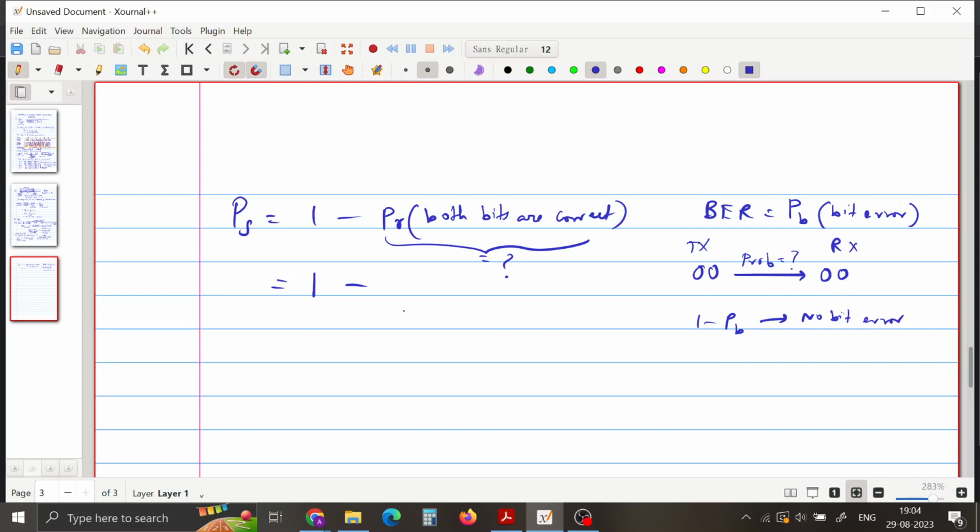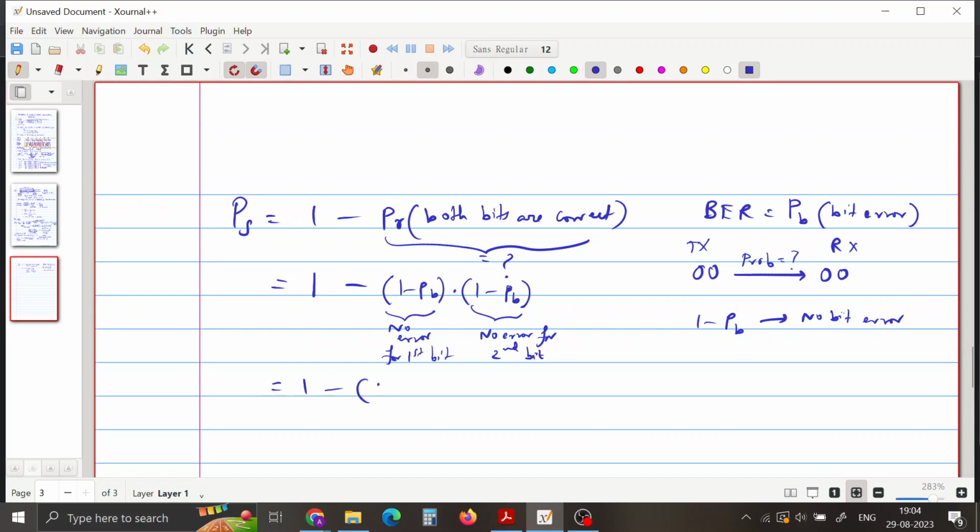So for the first bit I will have this term. Similarly for the second bit I will also have correct reception, which is 1 minus PB, no error. This is no error for the first bit, and this is no error for the second bit. Correct. This is simple.